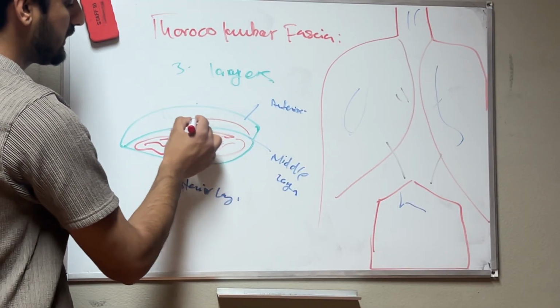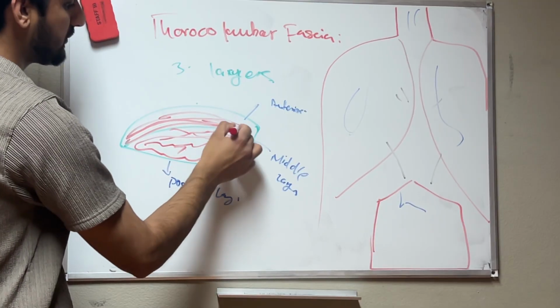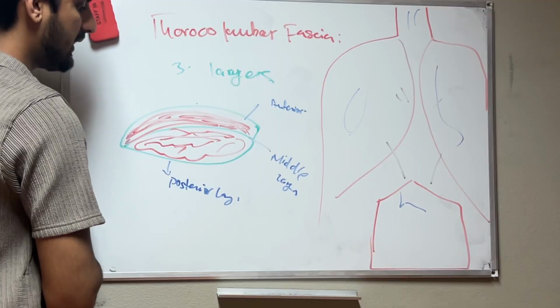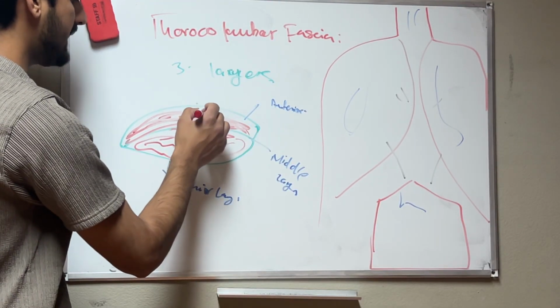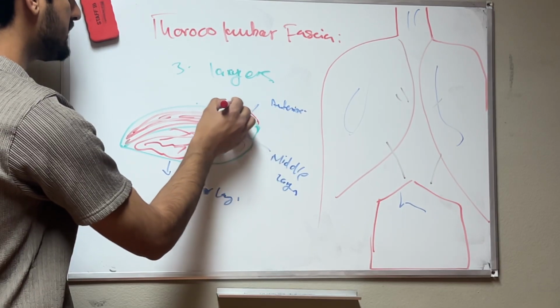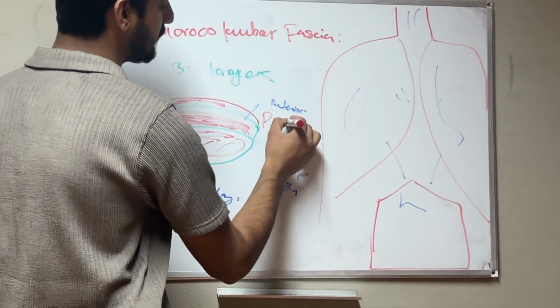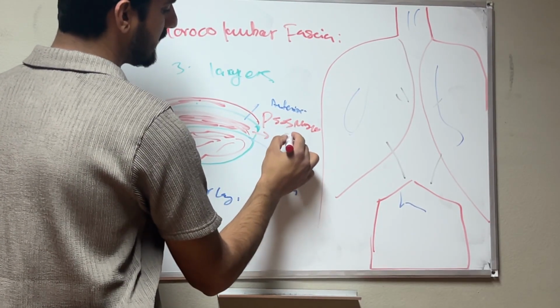Here we have another muscle, the quadratus lumborum muscle, which is a muscle of the posterior group of abdomen muscles. It is covered by the middle layer, and the anterior layer covers the psoas muscle.